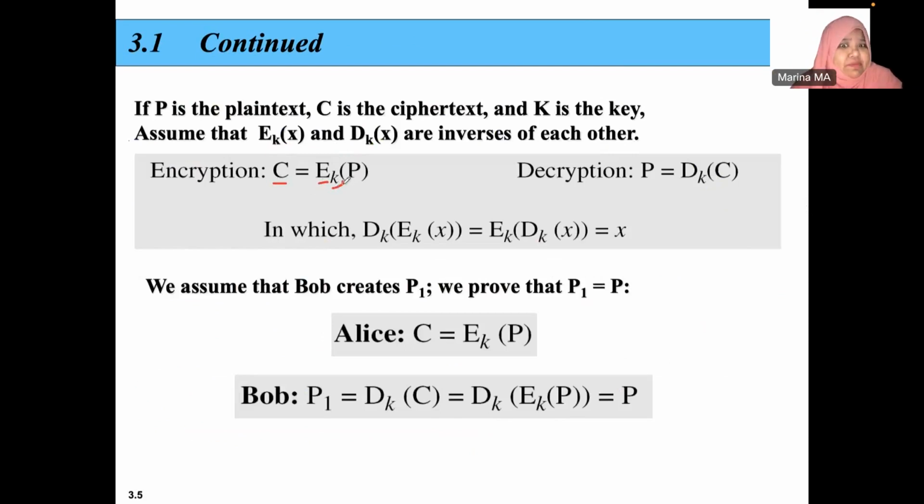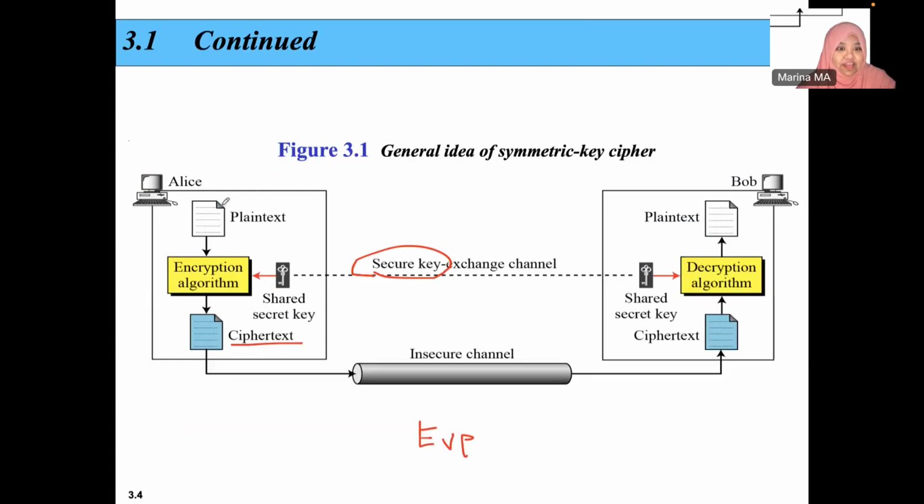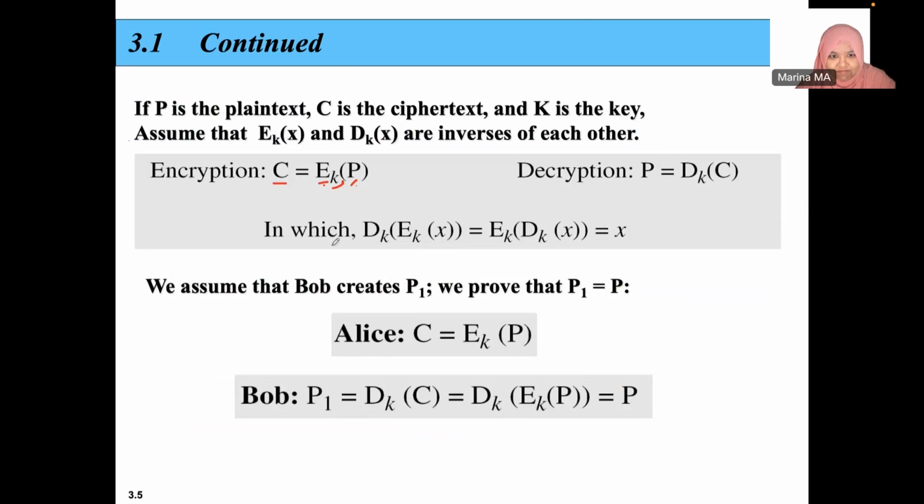What do you encrypt using the key? You encrypt the plain text. So you have a plain text P, you have the key k, you encrypt the plain text using the key, E_k(P), and now it becomes the ciphertext C. Okay?